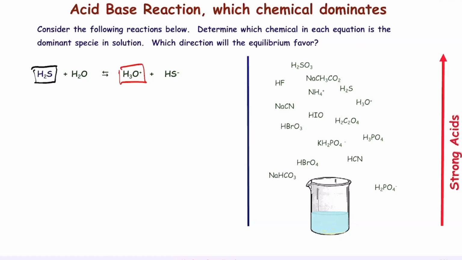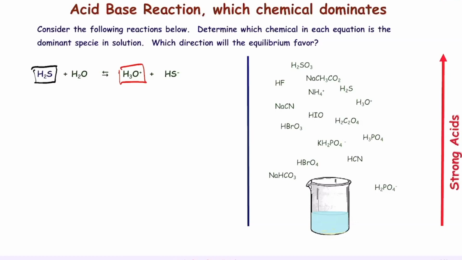So what you have is two acids that are going to compete against each other. Remember, the role of an acid is to give up its hydrogen. It's going to be the proton donor. Which has a stronger ability to give up its hydrogen, H2S or H3O plus? Which is a stronger acid? The stronger acid is going to win out, and it's going to drive the reaction in the reverse direction, in the direction where it's going to give up its hydrogen.